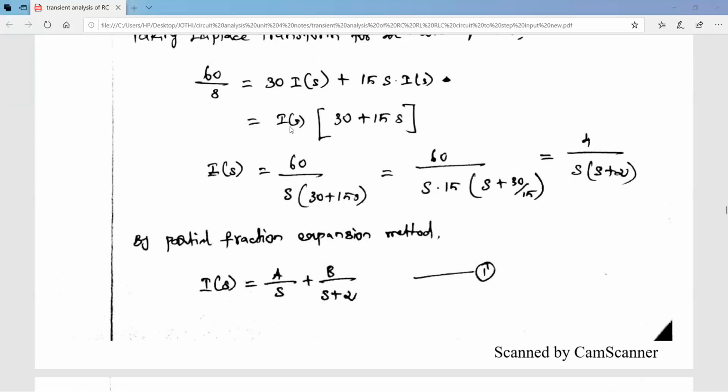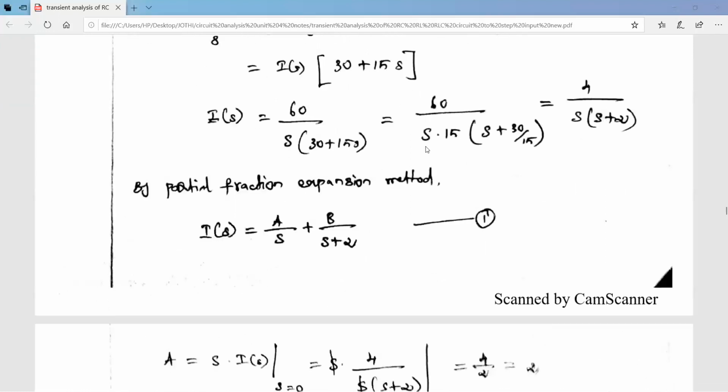So let us rearrange this equation as I of s equal to 60 divided by s into 30 plus 15 into s. Now the numerator is usually in the format of s plus some value or s squared plus some value, but here the s is multiplied with the constant 15.